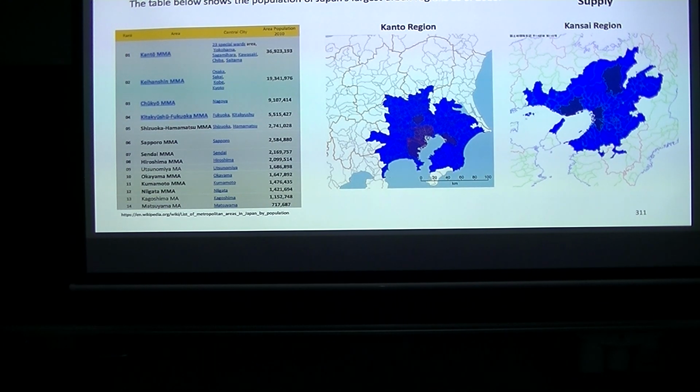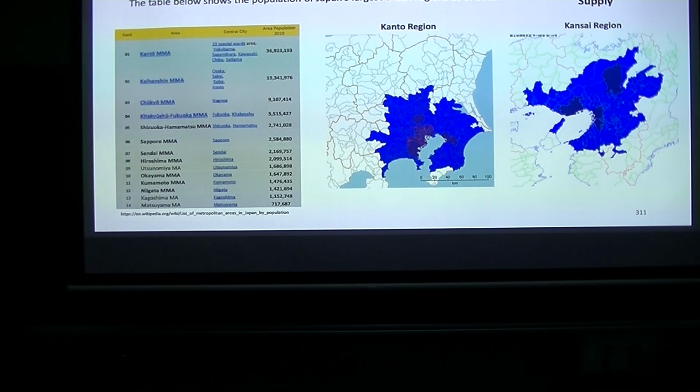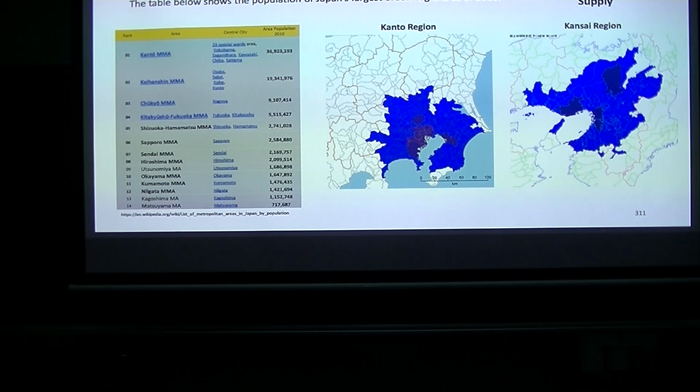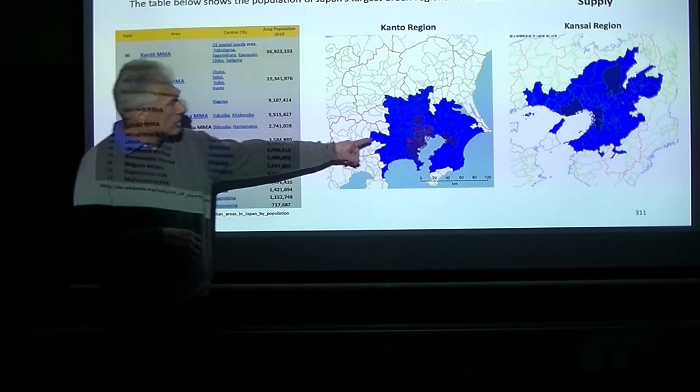So that's something people from Osaka don't like. They're quite jealous, and understandably so. The loss of that status is keenly felt by people from the Kansai, from the Osaka region.